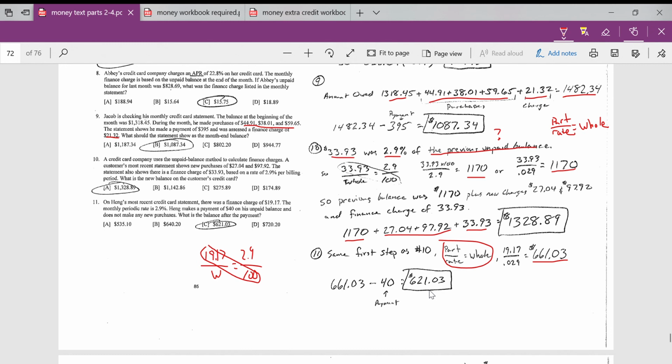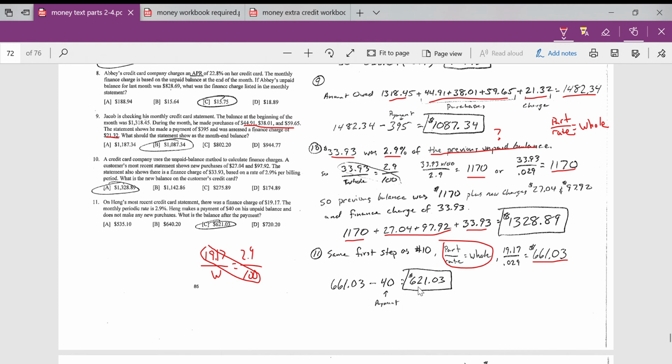But then what I didn't account for, I'm going to double check this here, is that there was the finance charge. And so if I add on, I actually made a mistake here.